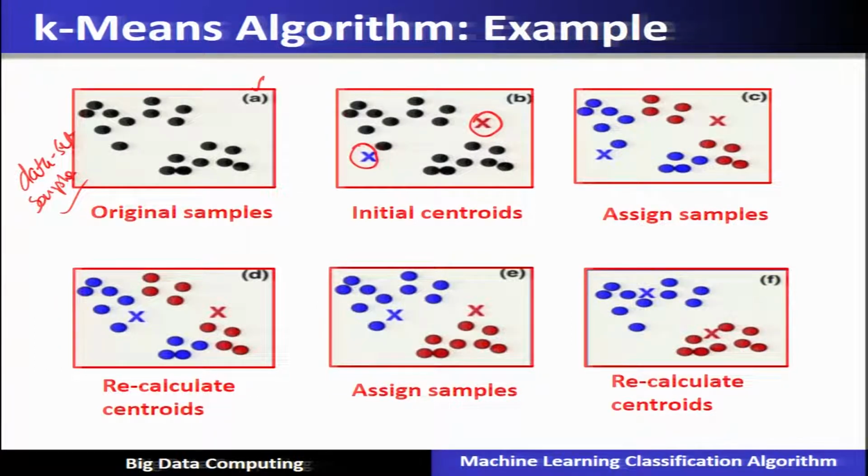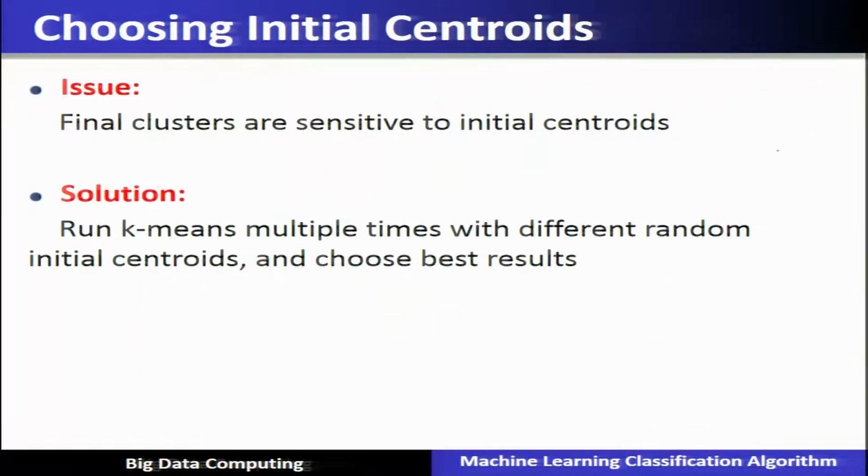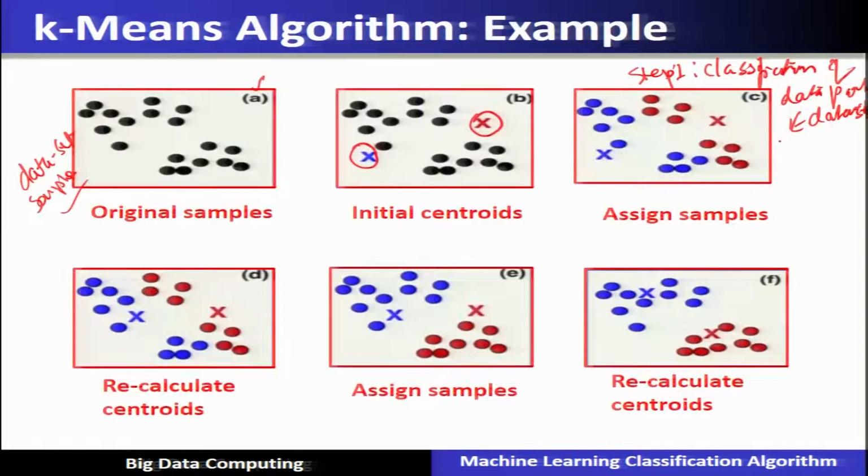This was the initialization. After identifying the 2 centroids, step 1 of the algorithm is the classification of data points in the data set into these two centroids.